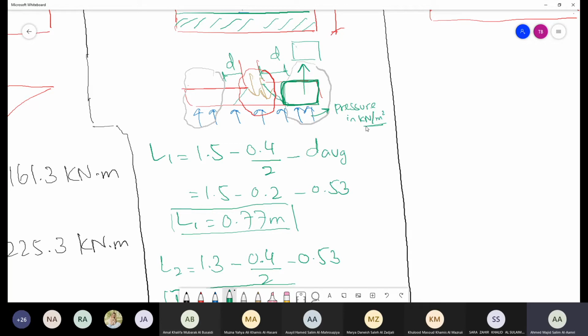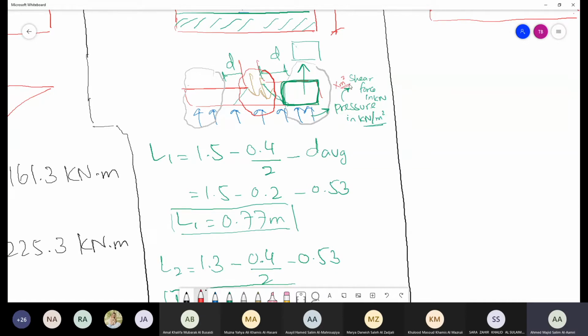So I need to use this particular pressure, which is in kilonewton per meter square, to calculate my shear force, which is in kilonewton. Now, in order to convert from kilonewton per meter square to shear force in kilonewton, I need to multiply by what exactly? You will see that I need to multiply by meter square, or an area.